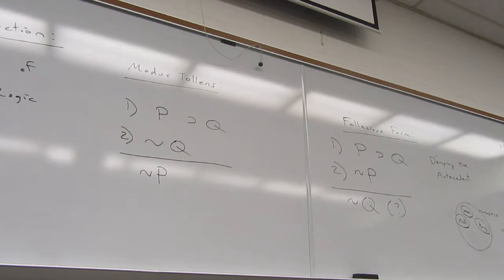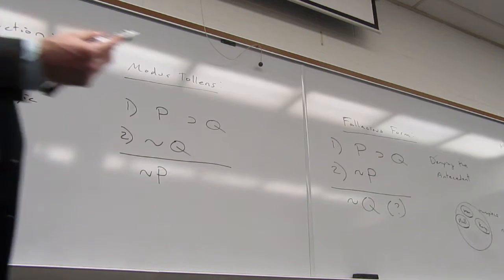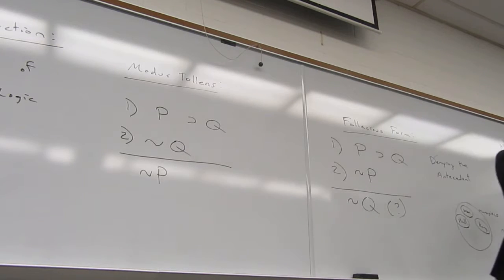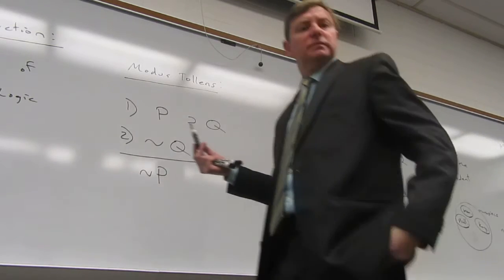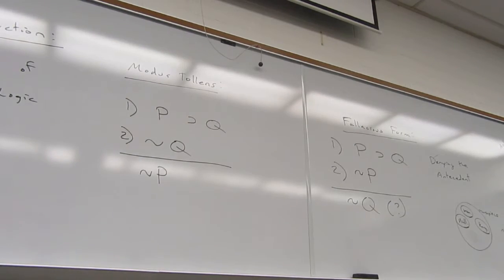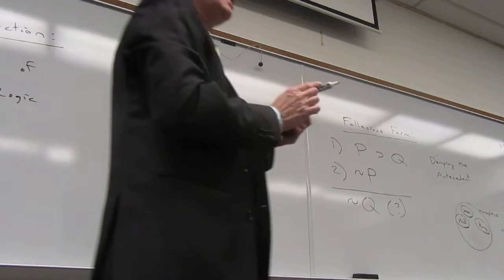It doesn't say if Q then P. The relationship between this and this is one directional. This is a sufficient condition for this being this. Is that pretty clear, I hope?